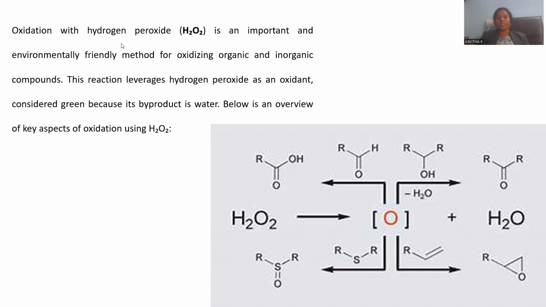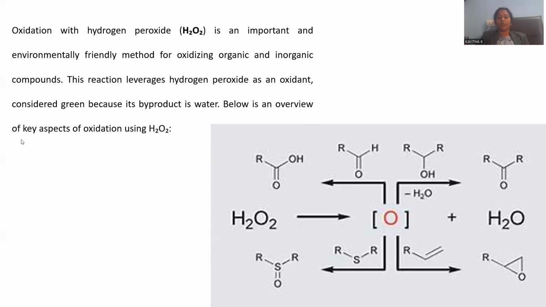Why are we stressing that hydrogen peroxide oxidation is environmentally benign, environmentally friendly? Because the product generated after the oxidation is water itself, which is harmless and non-toxic in nature. This reaction leverages hydrogen peroxide as an oxidant, considered a green oxidizing agent because its byproduct is water.